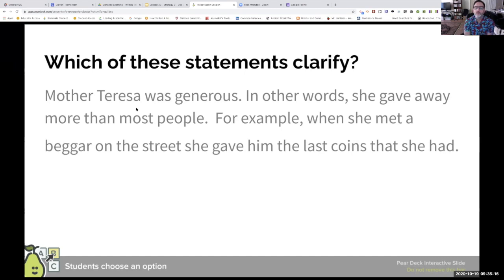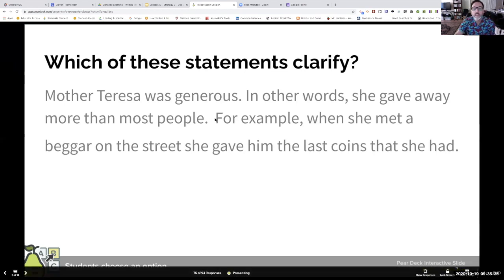So whenever you see things like in other words, that is an indication of a clarification statement. So she was generous. Well, what do you mean by generous? Well, in other words, she gave away more than most people. So now when you see the for example, we're providing examples or reasons of how she was generous.